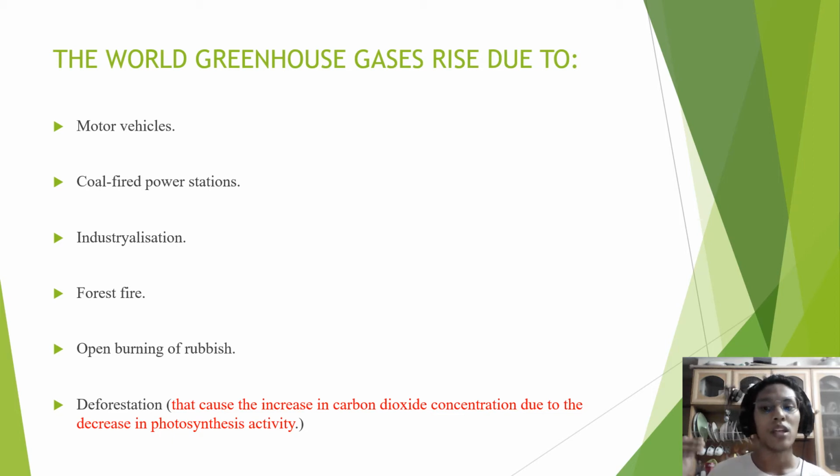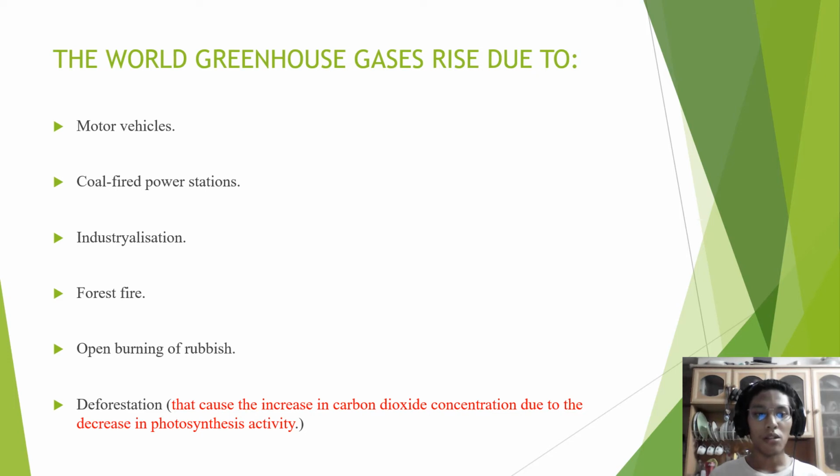As you can see when we travel along the highway, for example Pasir Gudang in Johor, it is a very packed factory area where we can see much smoke produced from the factories. When the factory operates, it will produce smoke, and this smoke contributes to the negative effect of greenhouse effect.